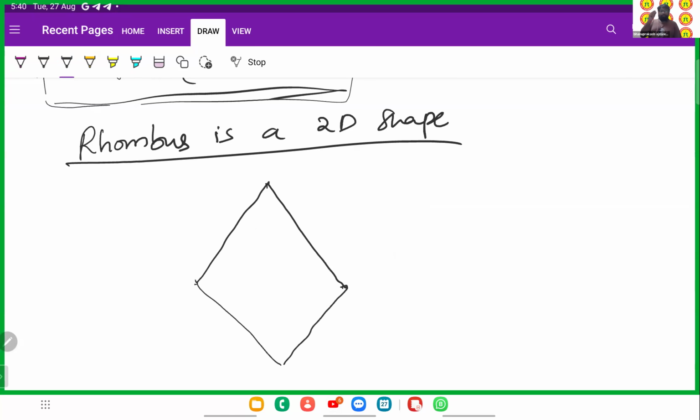Have you had Kaju Katli? If you see Kaju Katli, it will be in this shape, the rhombus shape only.